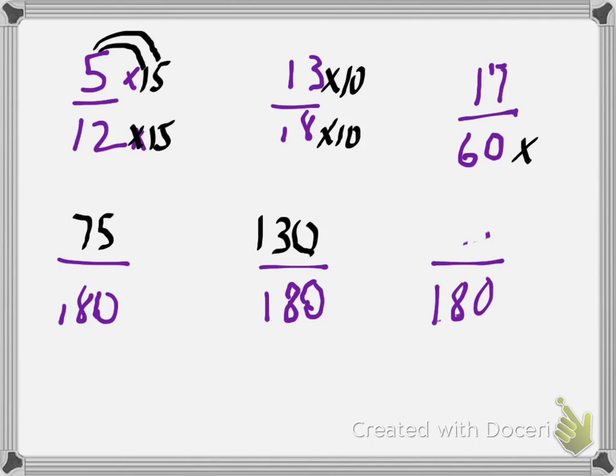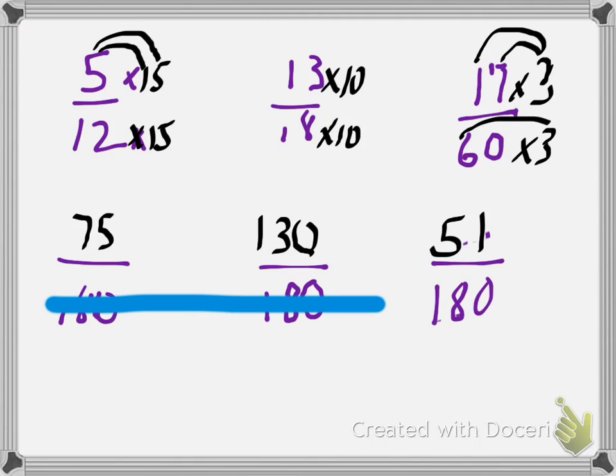So that times 3, so 3 times 6 is 18, add a 0, 180. So we have to multiply this by 3. So using the distributive property, 3 times 10 is 30, 3 times 7 is 21, and 30 and 21 gives us 51.